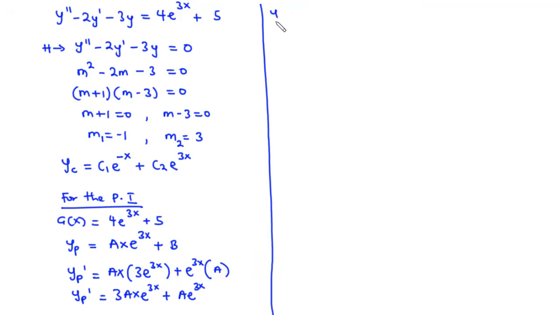So for yp'', we select 3ax, we differentiate e^(3x), we have 3e^(3x), plus we hold e^(3x), we differentiate 3ax, and then we have 3a, plus we differentiate this term, and then we have 3a e^(3x).